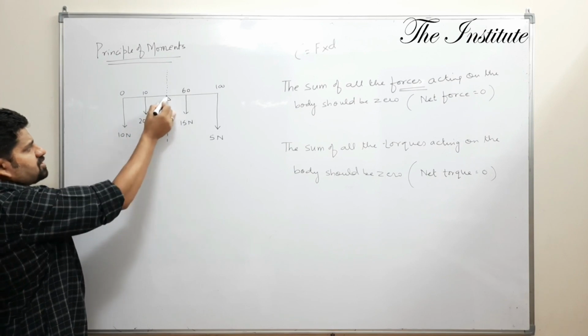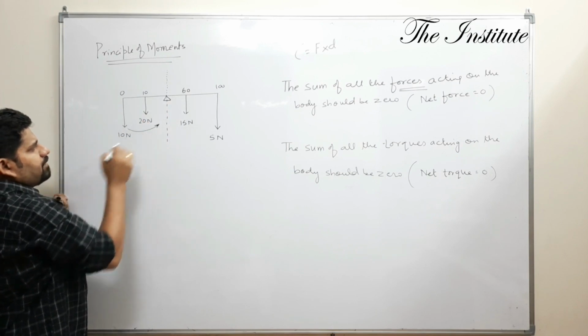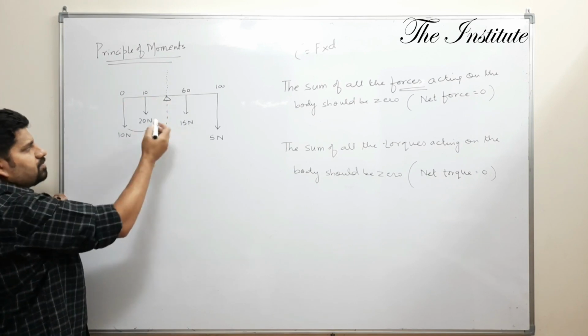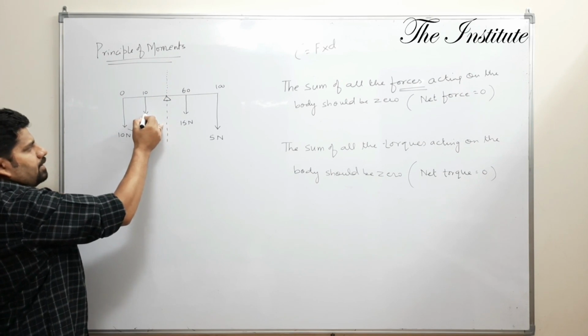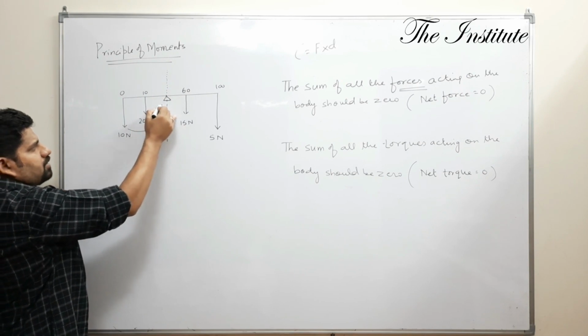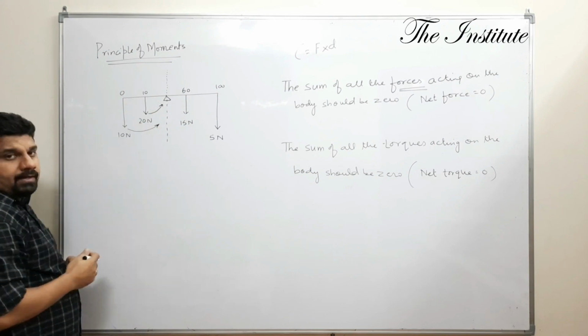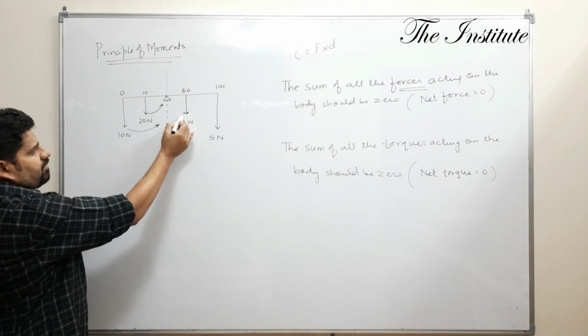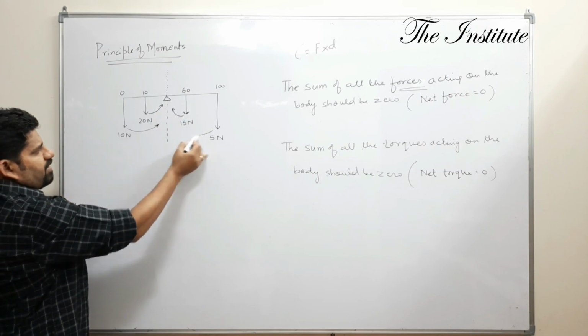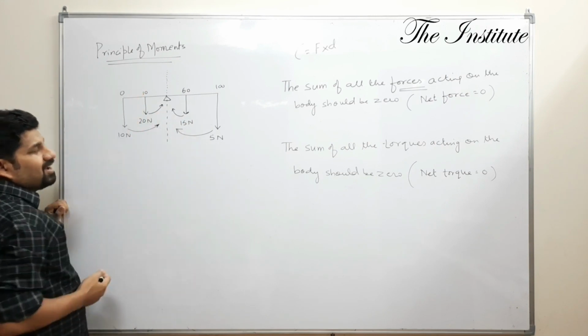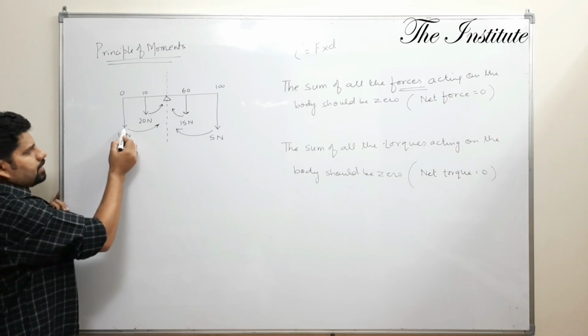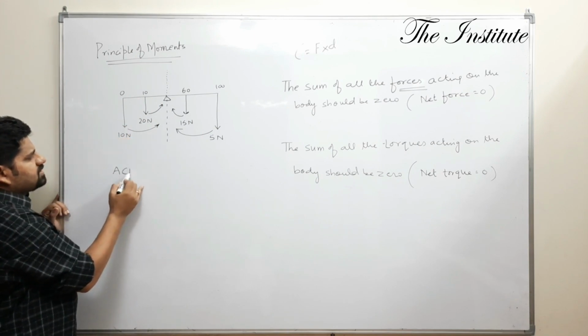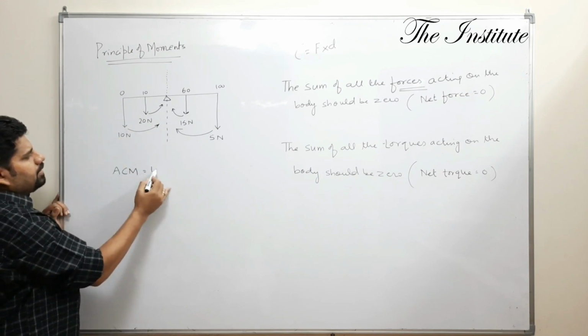This force about the fulcrum is producing anti-clockwise moment, and this force of 20 Newton is also giving me an anti-clockwise sense, whereas 15 and 5 both are giving me clockwise torque. So let me find out how much is the anti-clockwise moment.